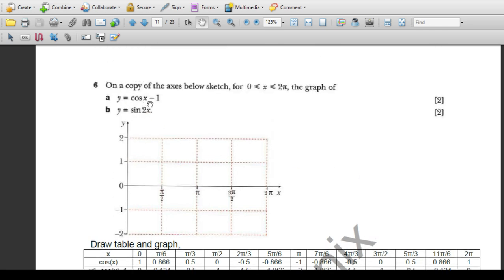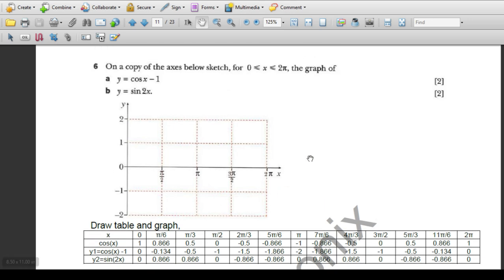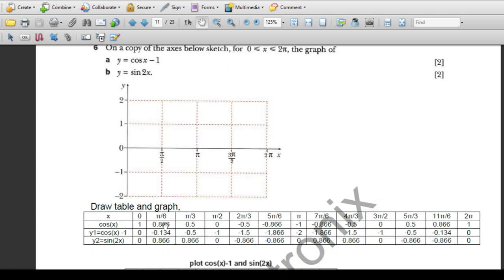So y is equal to cos x minus 1. For the range of 0 to 2 pi, we have taken 0, pi by 6, pi by 3, pi by 2. So we added pi by 6, then add pi by 6 to get pi by 3, add pi by 6 to get pi by 2.